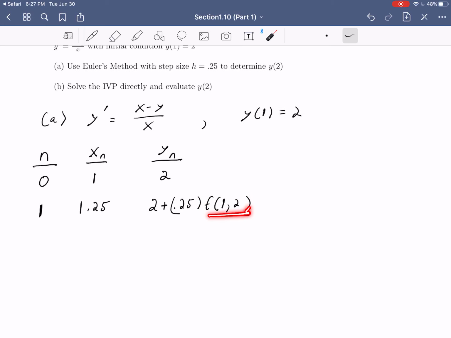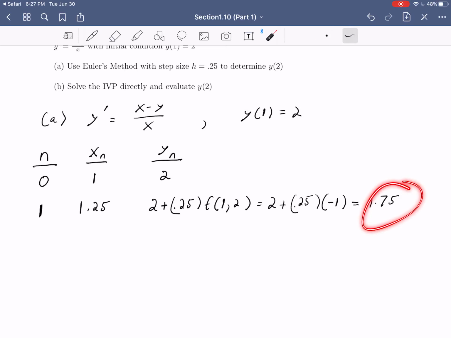How do we actually determine this? Well, we just plug this into here. So we're doing x is 1, y is 2. So it looks like that would be 2 plus 0.25 times f(1, 2), which is 1 minus 2, which is negative 1, divided by 1. So we get minus 1. And then that is going to be 1.75. In a moment, I'm just going to start using a calculator.